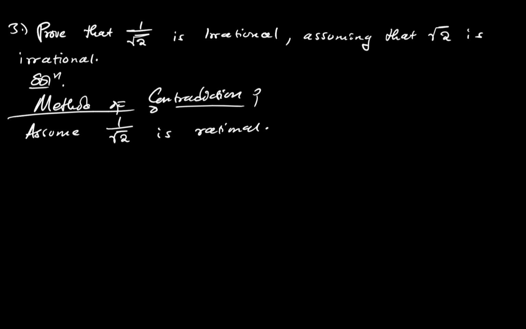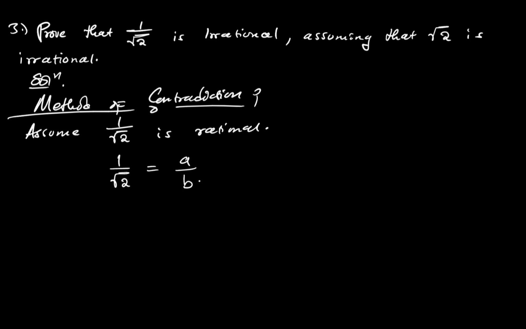But now I'm having 1 over root 2, and this does not look nice. So what am I going to do? There are so many ways you can actually solve this question, but the easiest way is this. If this is rational, it means that 1 over root 2 can be written in the form of a over b.